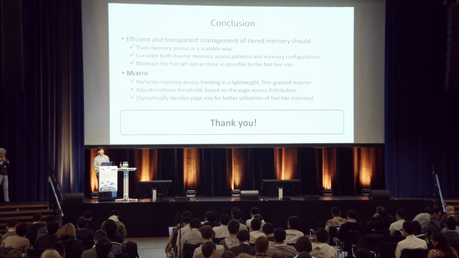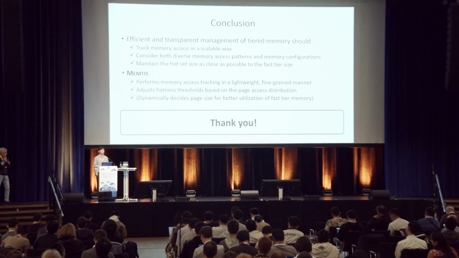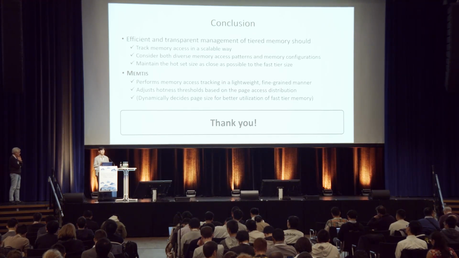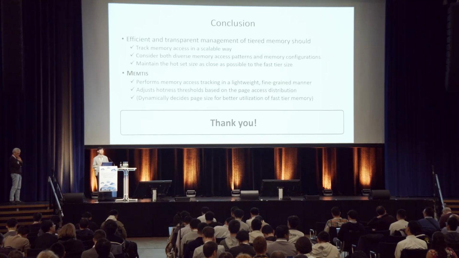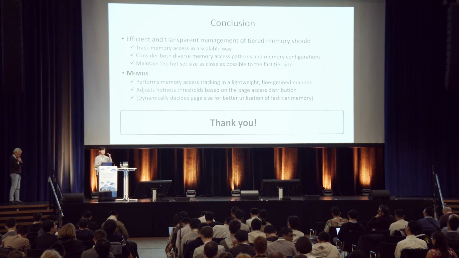It is possible to maintain the histogram for each memory cgroup instance, so if there are multiple processes, MEMTIS can find the most appropriate hot threshold for each benchmark, considering their memory access patterns. In some applications, memory access patterns dynamically fluctuate at runtime.